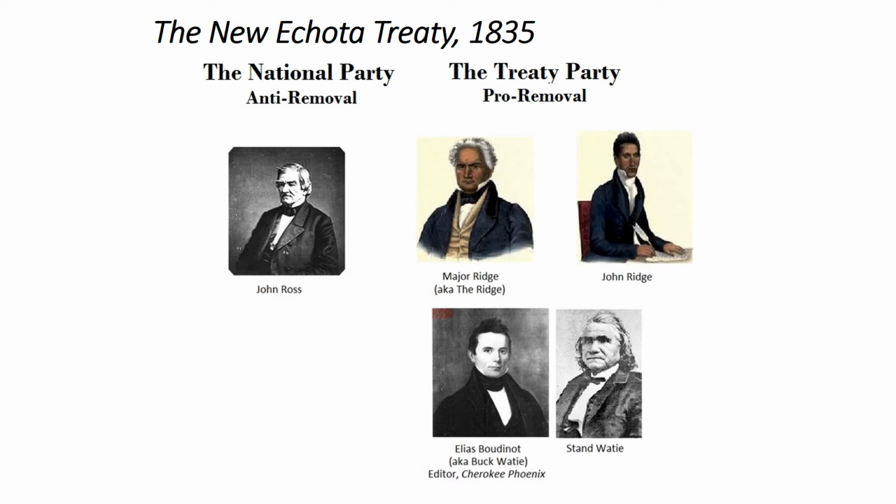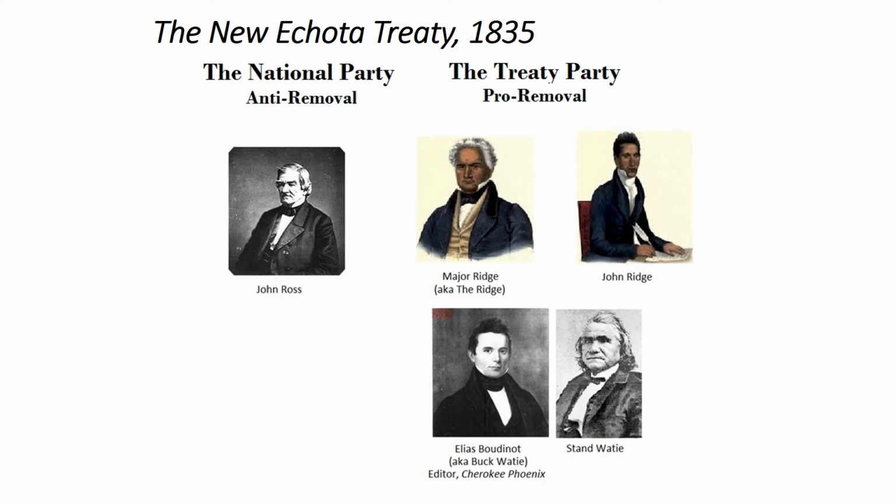You're either in the tribe or you're not. Anyway, so this thing about the biracial people tending to be pro-removal, it's true in the numbers that was the tendency, but it didn't always work out that way. So John Ross, as well as the majority of the tribal council, were against removal.